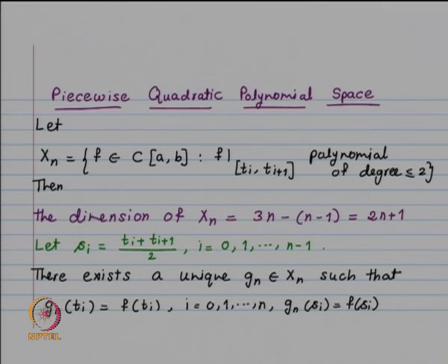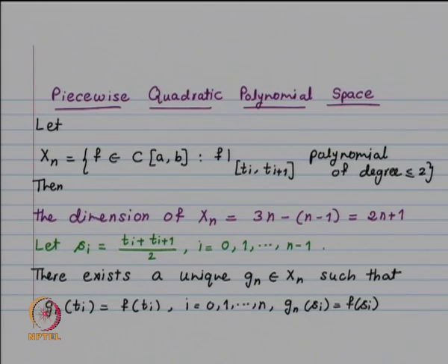So, the dimension of the space X n is going to be n intervals, on each interval a polynomial of degree less than or equal to 2, that means 3 coefficients. So, it is 3 n, and then interior partition points are n minus 1 in number, t 1, t 2, up to t n minus 1. You want continuity, so subtract n minus 1 and then you get 2 n plus 1.